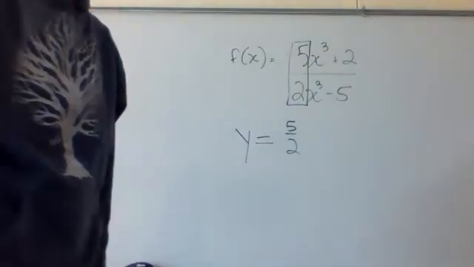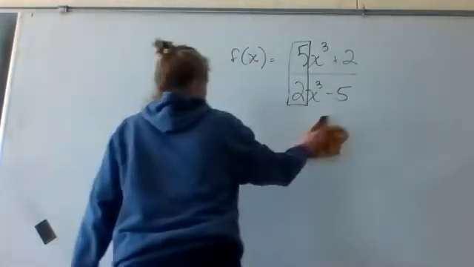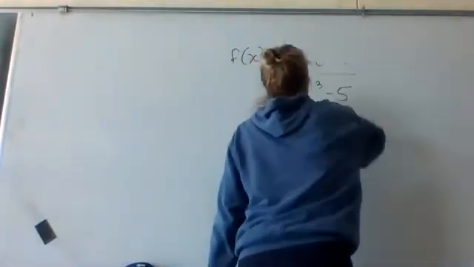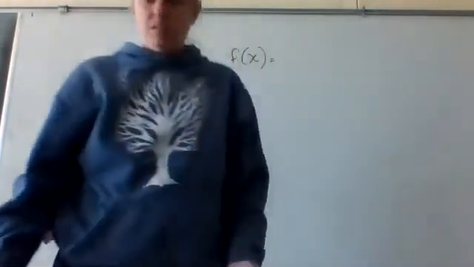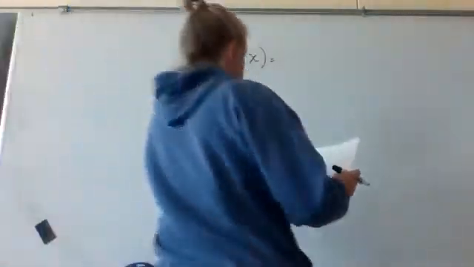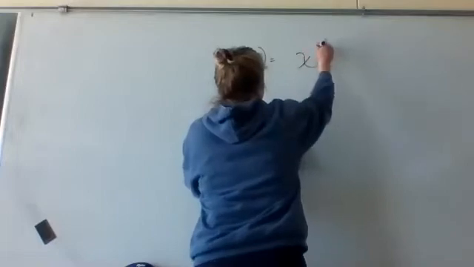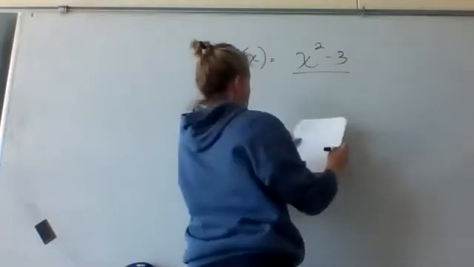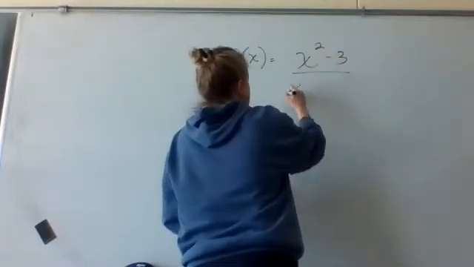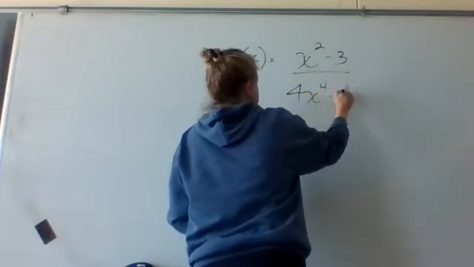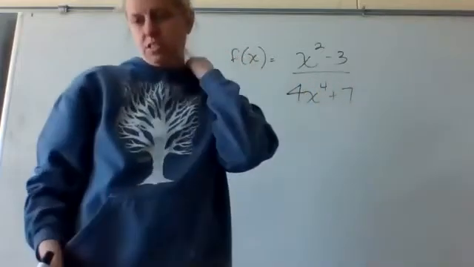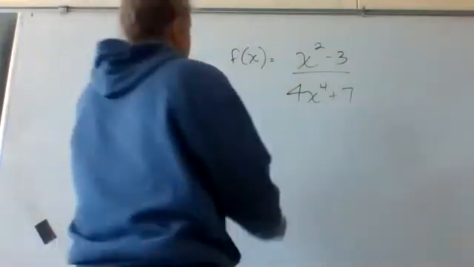Right? Number 11. F of x equals x squared minus 3 over 4x to the 4th plus 7. So let's look at their degrees.